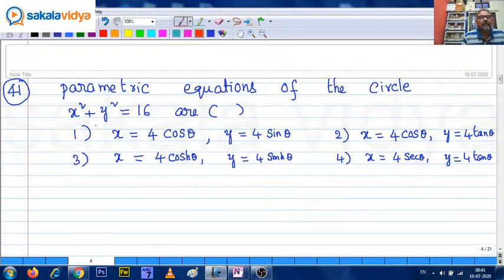So that means parametric equations of x square plus y square is equal to r square. Solution here: r square is equal to 16, radius will be 4.